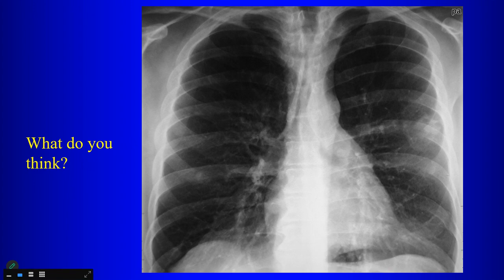Anything on the left side? Flattening of the left lower. Well, a little obscuration here, but you can see the blood vessels through it, so that could easily be a fat pad. The left mid lung. Okay, in the left mid-lung here, there seems to be some funny looking opacity.